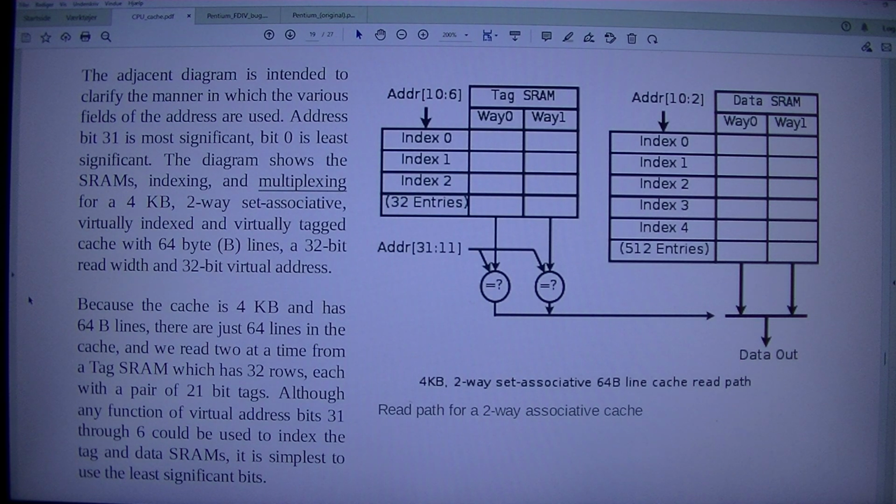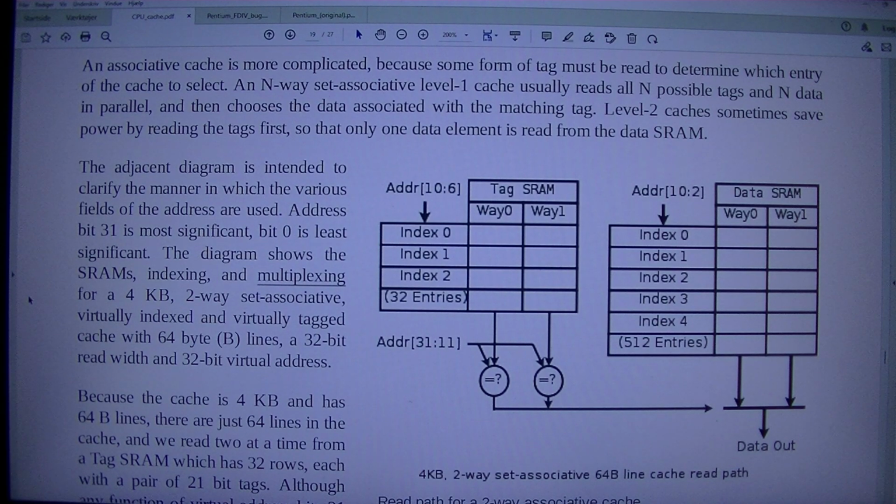Address bit 31 is most significant, bit 0 is least significant. The diagram shows the SRAMs, indexing, and multiplexing for a 4-kilobyte, two-way set associative, virtually indexed and virtually tagged cache with 64-byte lines, a 32-byte read width and 32-bit virtual addresses.